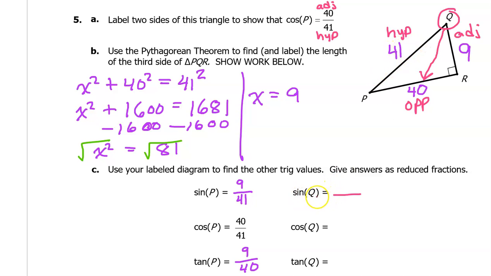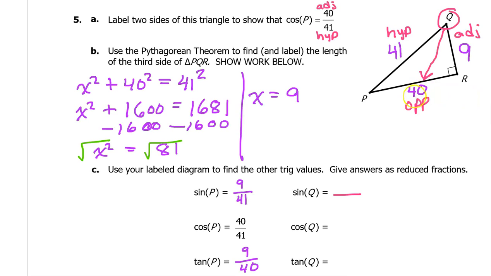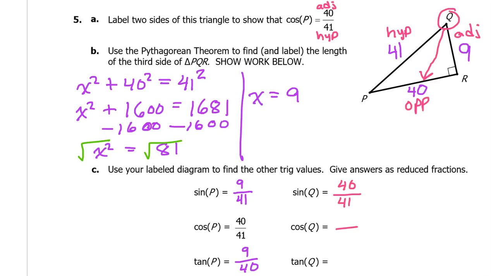So the sine is opposite over hypotenuse. So that will be 40 over 41. Cosine is adjacent over hypotenuse. So that is 9 over 41.